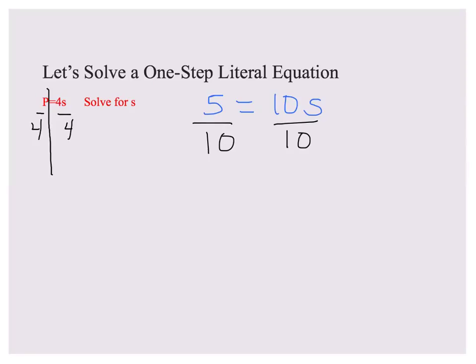So that will leave us with 1s equal to p divided by 4, which is s equal to p divided by 4. And so that is our answer. S is equal to p over 4.